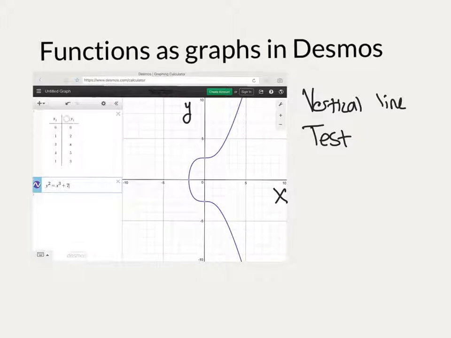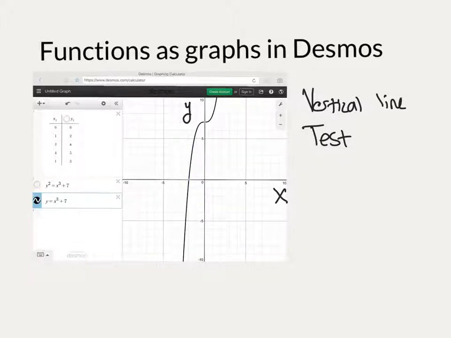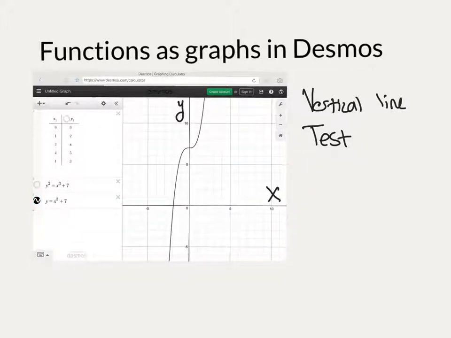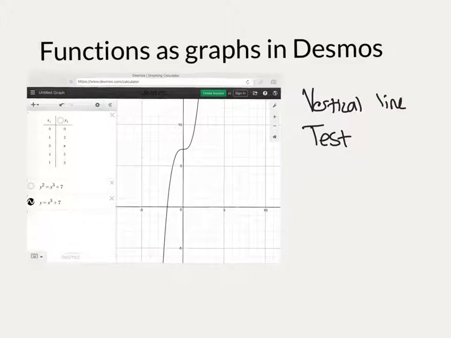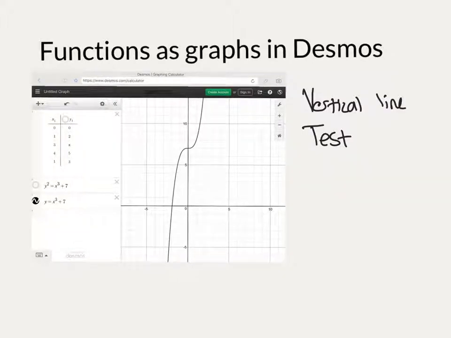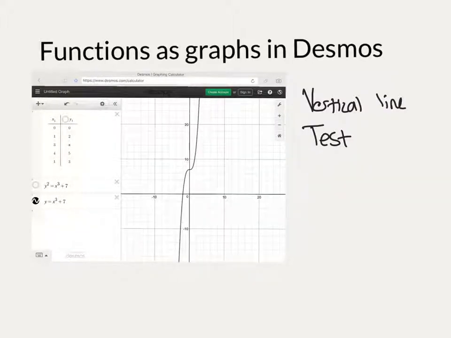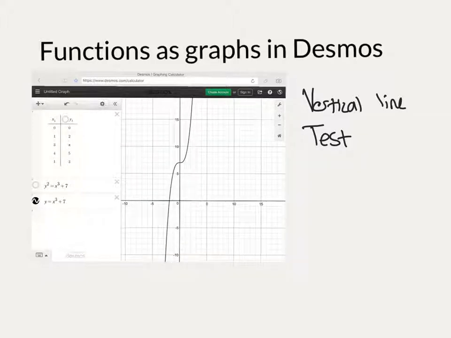However, if I change this just slightly, so maybe I don't have y squared, maybe I just say, let's look at y equals x cubed plus 7. We'll turn this part off. Let's see if we can get rid of our axes here. If we play around with this, here's my graph of y equals x cubed plus 7.